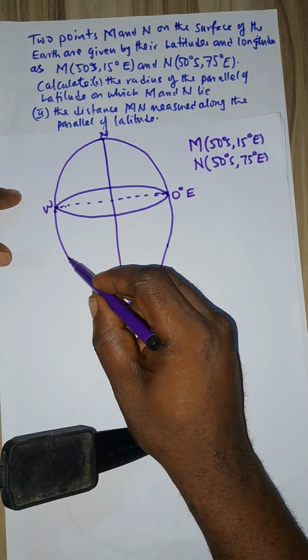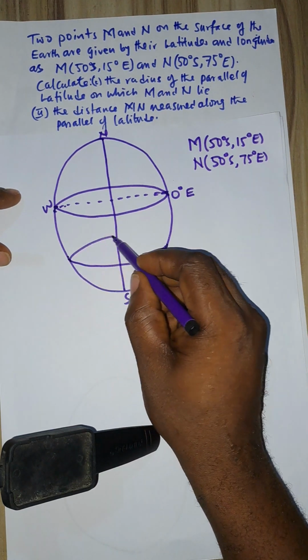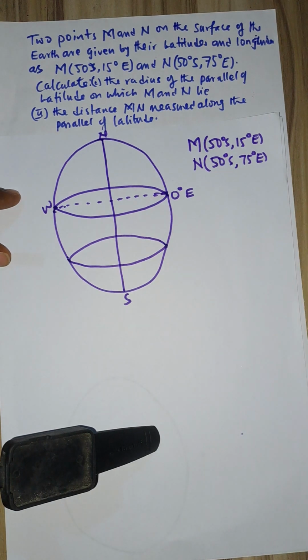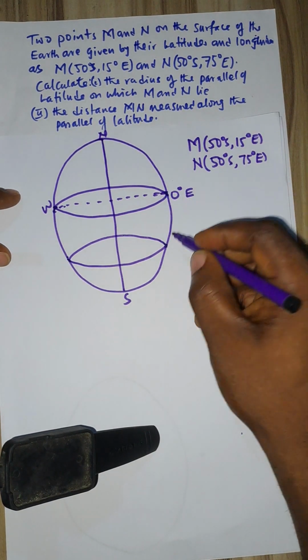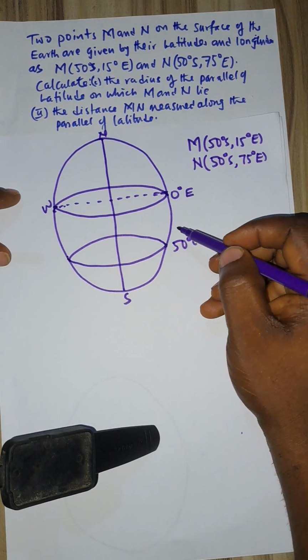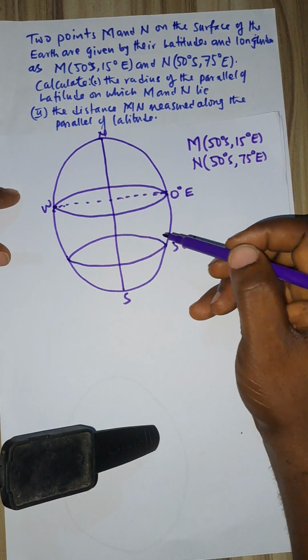Any convenient position down here is acceptable. Now what it means is that this is 50 degrees south.